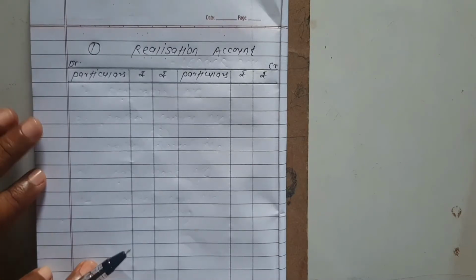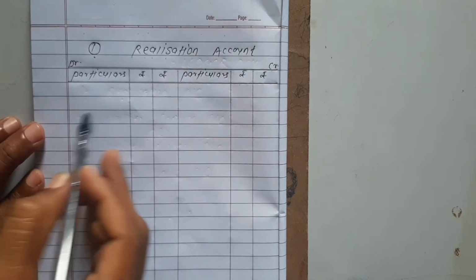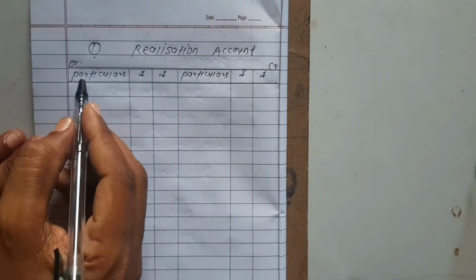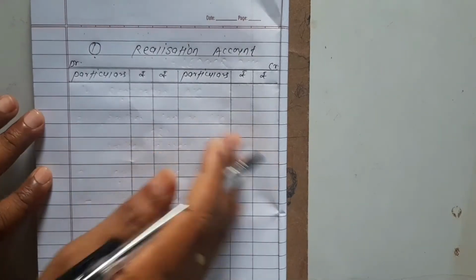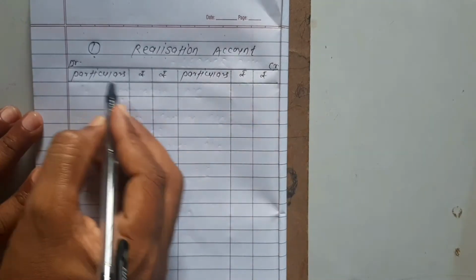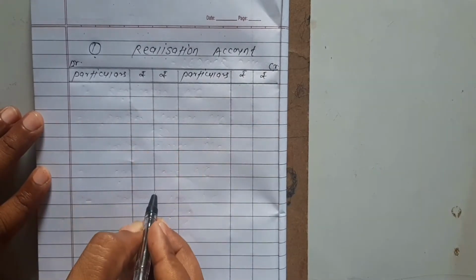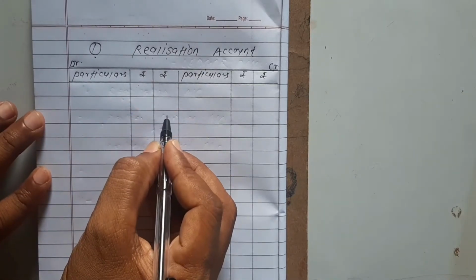Now see, the first one is the realization account. The format is very simple, just the particulars, amount column, and here is the debit and here is credit. Now these two columns for amounts mean the first column is the inner column and the second column is the outer column.